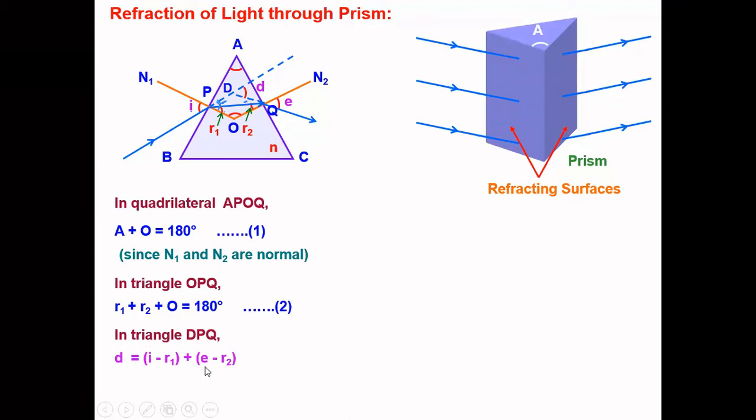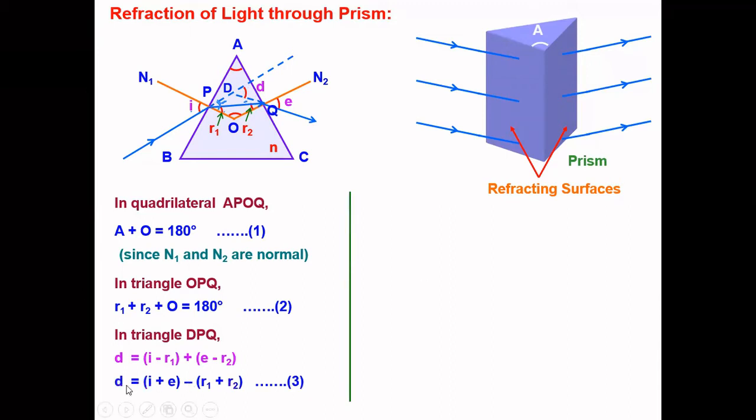So I minus R1 plus E minus R2 is equal to the exterior angle. From the triangle we can write that the exterior angle in a triangle is equal to the sum of the two opposite interior angles. Now if we extend, I plus E minus R1 minus R2, taking minus common, minus of R1 plus R2 we can write. This I am taking as equation number 3.